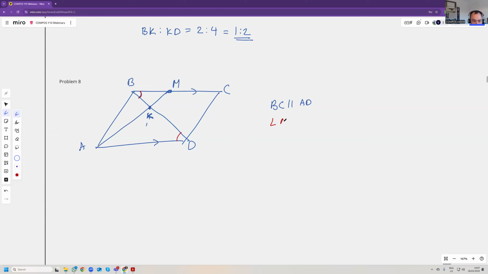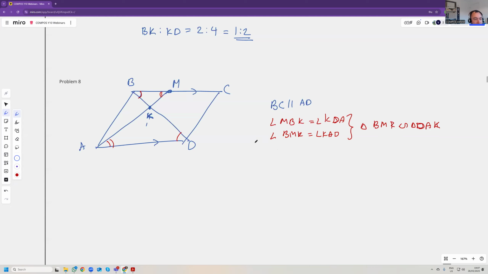So angle MBK is equal to angle KDA because they're alternate angles. And this angle is equal to this angle. So that means that these triangles are similar. Angle BMK is equal to angle KAD. So triangle BMK is similar to triangle DAK.